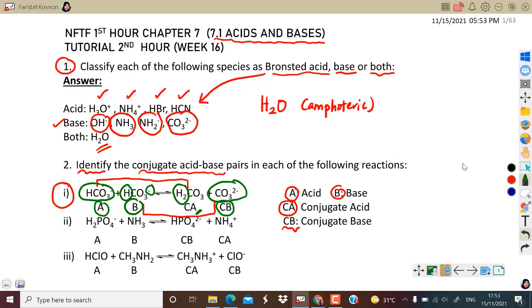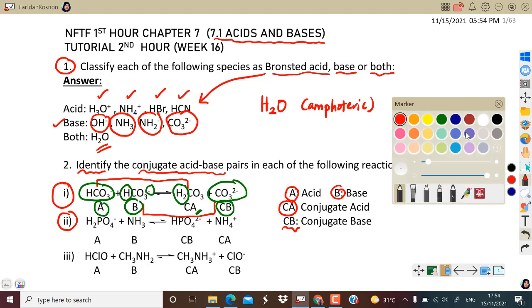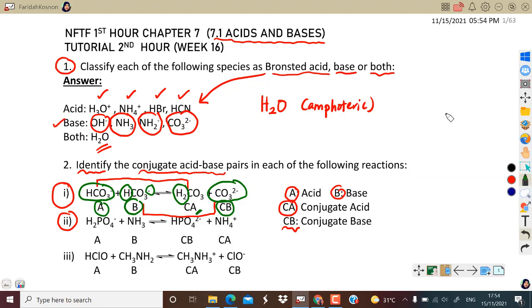Okay, so now let's refer to the second equation. We have H2PO4 minus reacting with ammonia reversibly, producing HPO4 2 minus and ammonium ion. In the second equation, we have to classify first the acid and base.